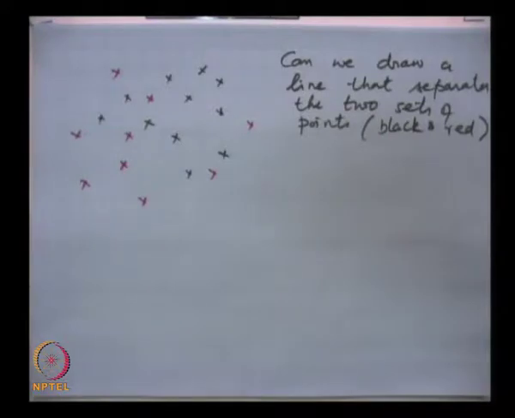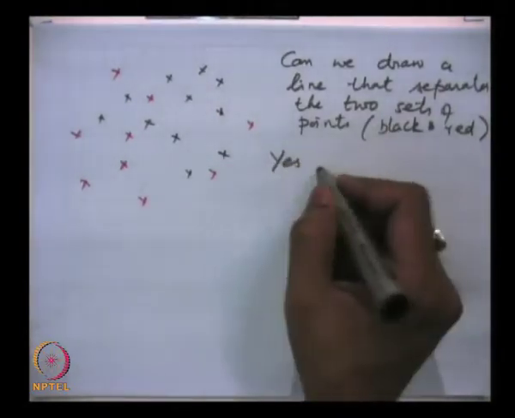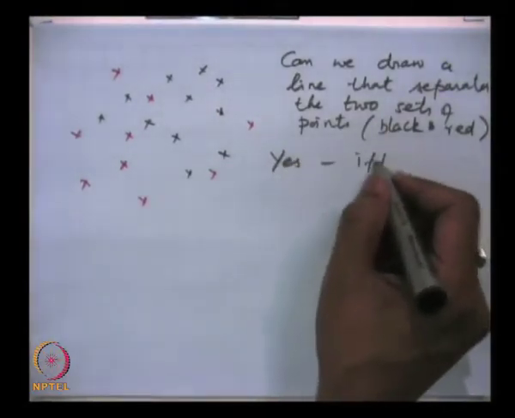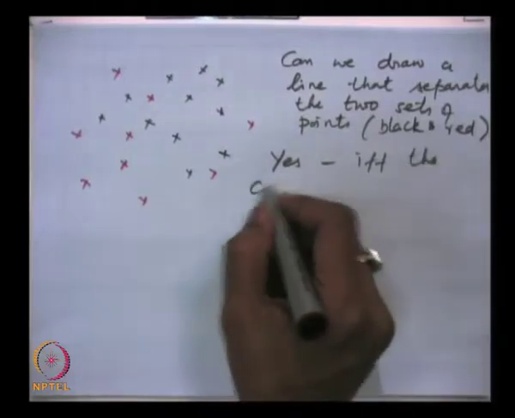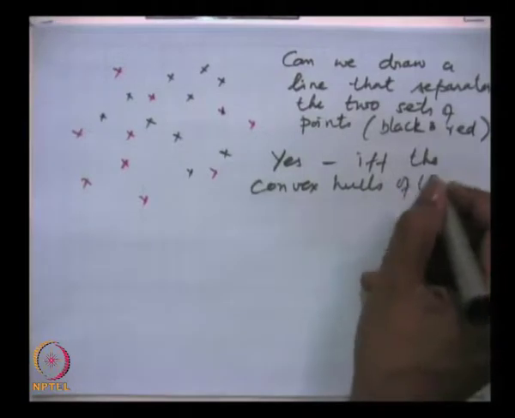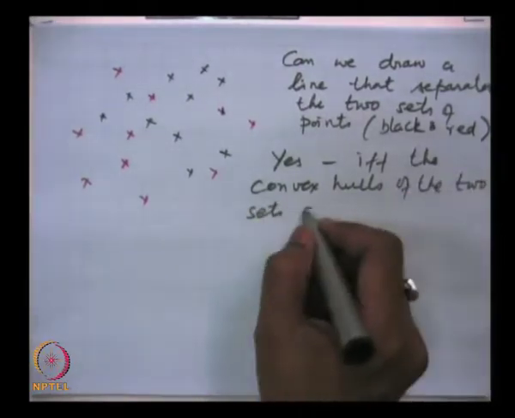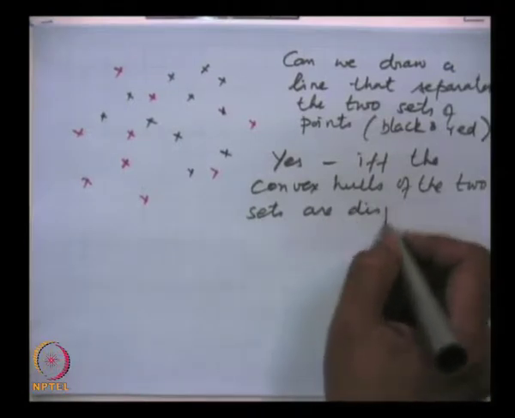If the convex hulls are separated. Exactly. So, it turns out that yes, if and only if the convex hulls of the 2 sets are disjoint.